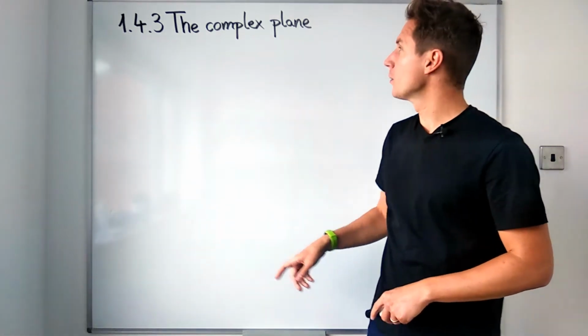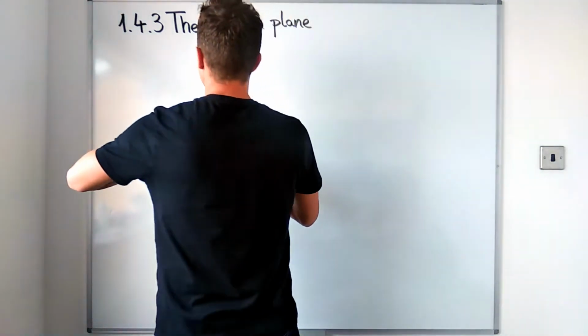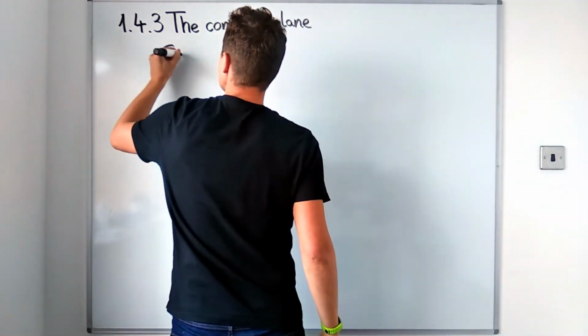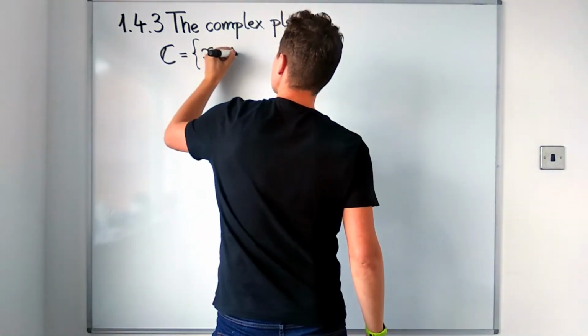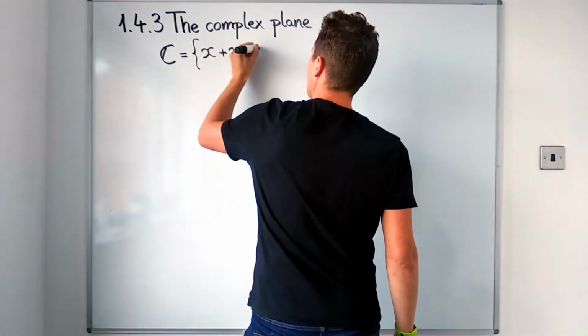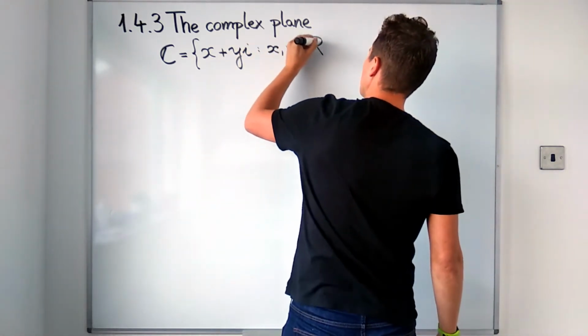In this video, we are going to learn about the complex plane. Let me remind you that the set of complex numbers, C, consists of all numbers of the form x plus yi, where x and y are real numbers.